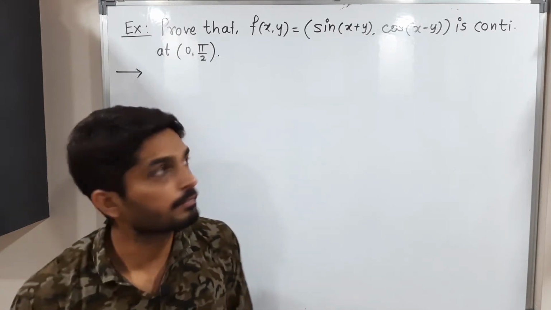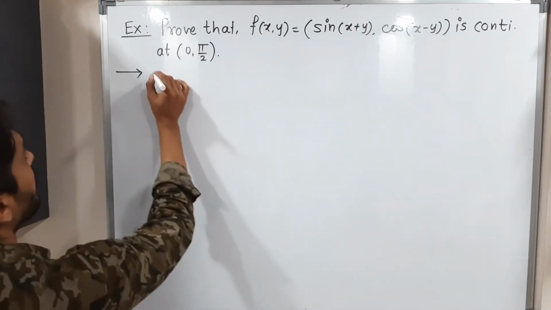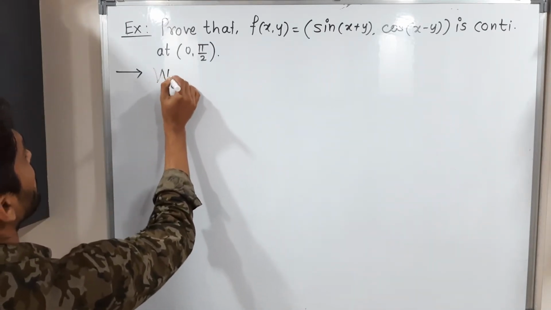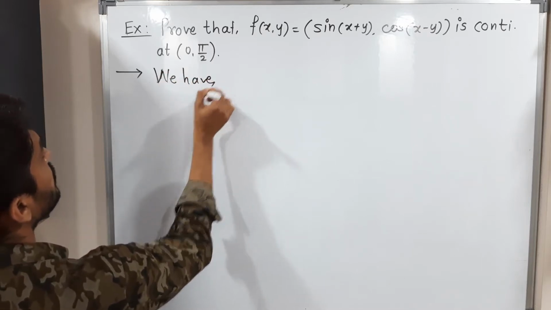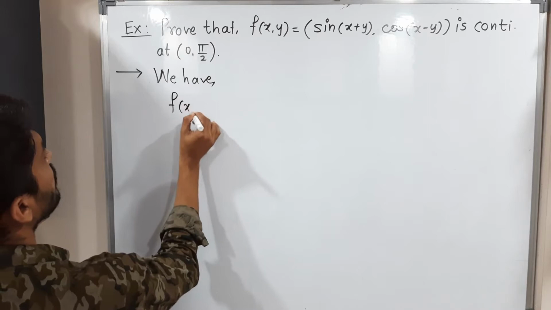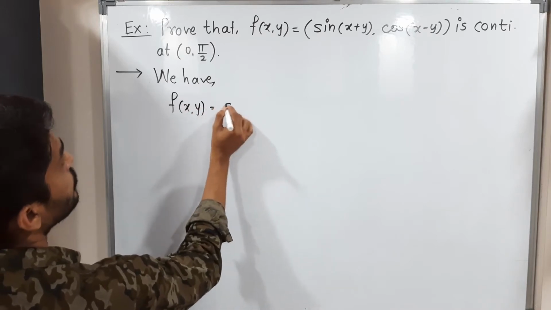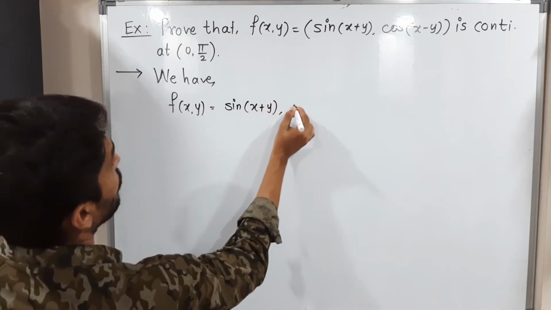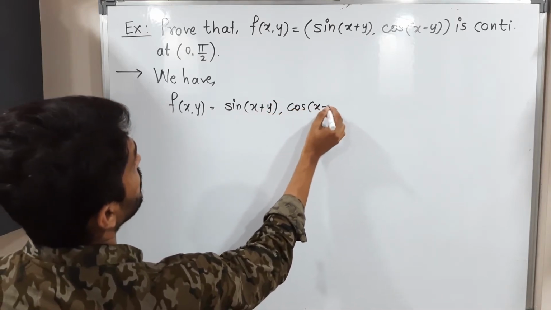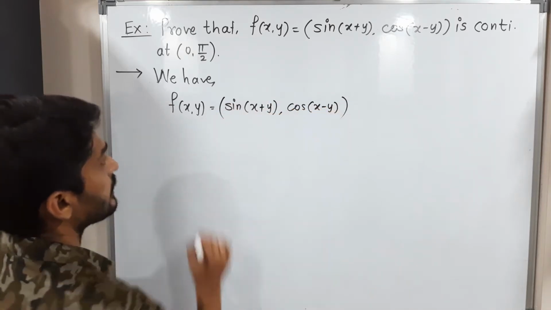So let us write the given function first. The given function is F(x,y) = (sin(x+y), cos(x-y)).